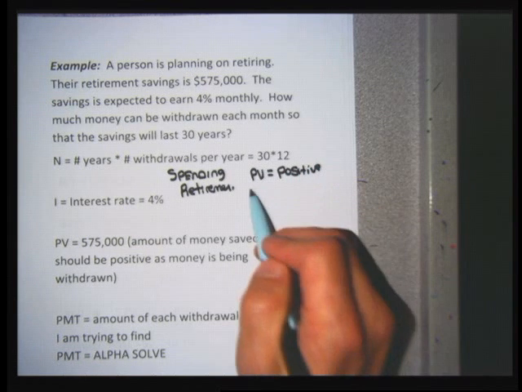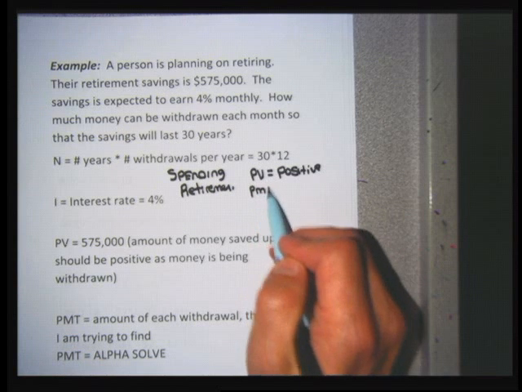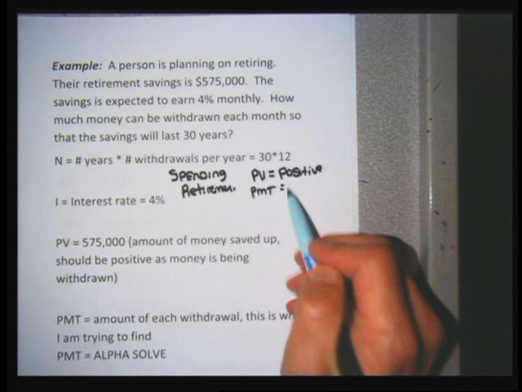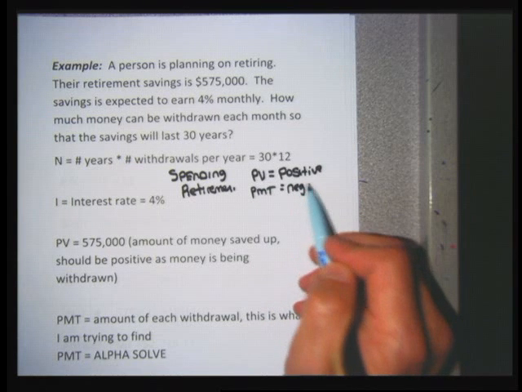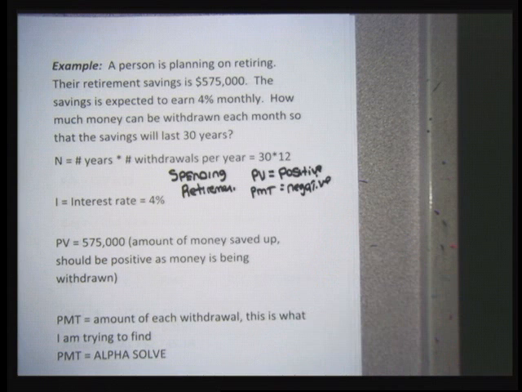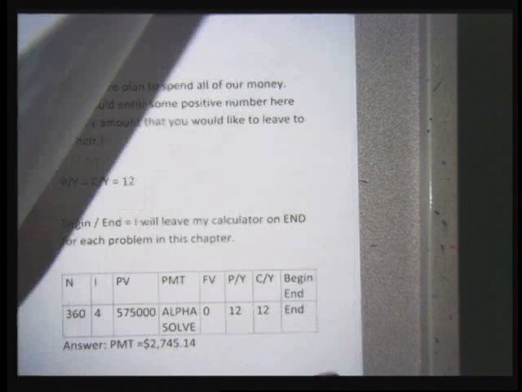I think the PMT is still going to be negative. That makes sense because they're going in opposite directions. While you're saving, they're both negative. While I'm spending, as I'm trying to think to myself right now, it almost feels right.